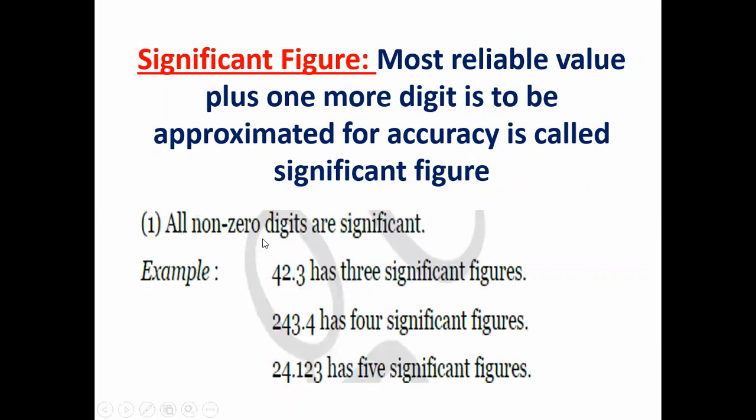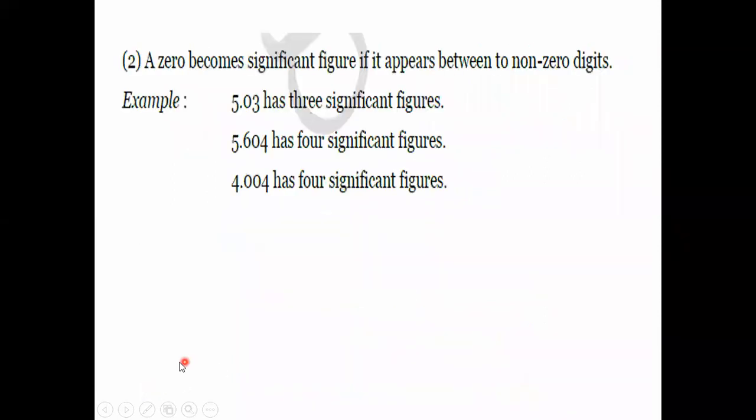Right? See, first one: all non-zero digits are significant. 42.3 has 3 significant figures. 243.4 has 4 significant figures. 24.123 has 5 significant figures. All non-zeros are significant.